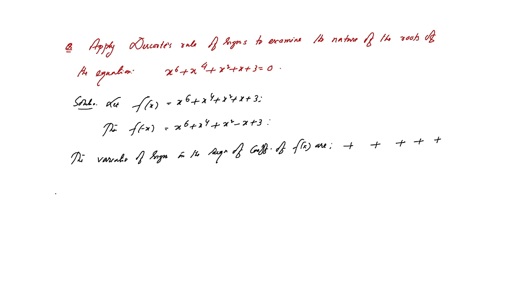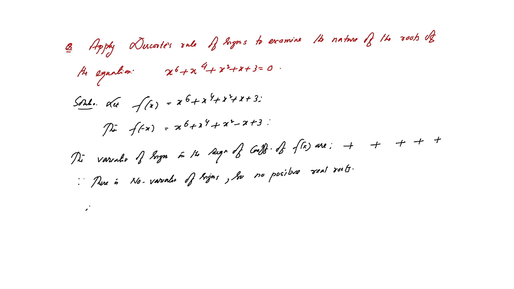So that means there is no variation of sign, that means no positive root. Since there is no variation of sign, so no positive real roots. That means here the number of positive real roots is 0.